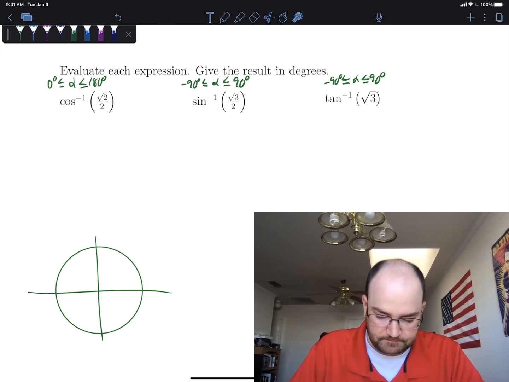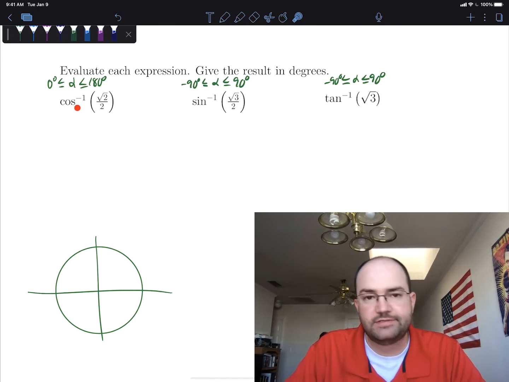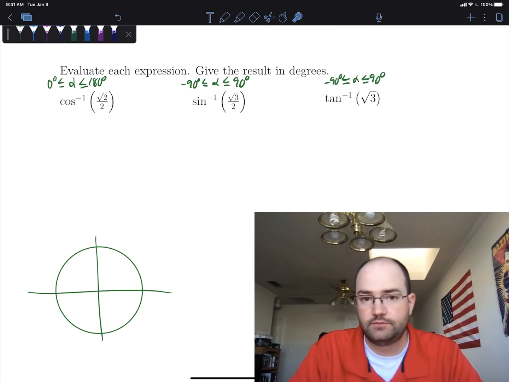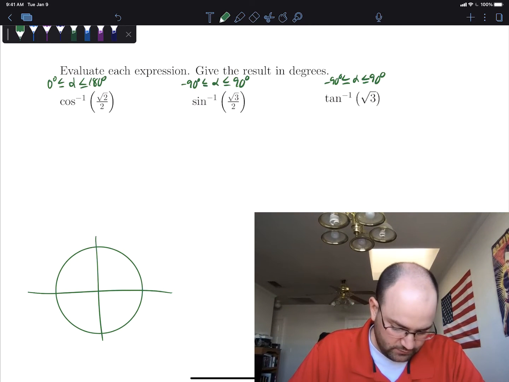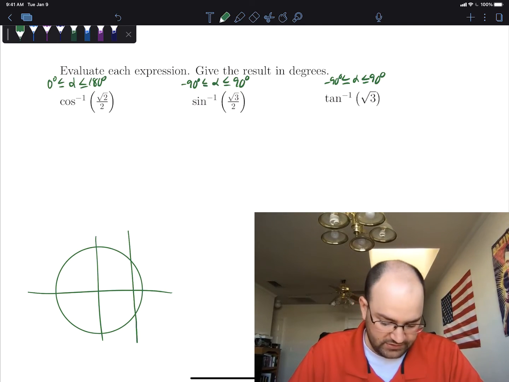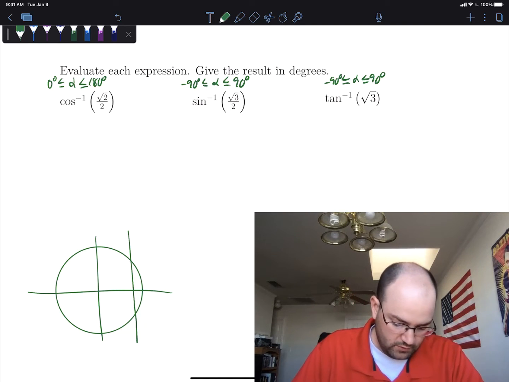Now, cosine is the x-coordinate. When is the x-coordinate from 0 to 180 equal to root 2 over 2? Now, root 2 over 2, if you divide, is about 0.7 or so. So cosine x equals is vertical. So I want to know on the upper half, what angle might that be?